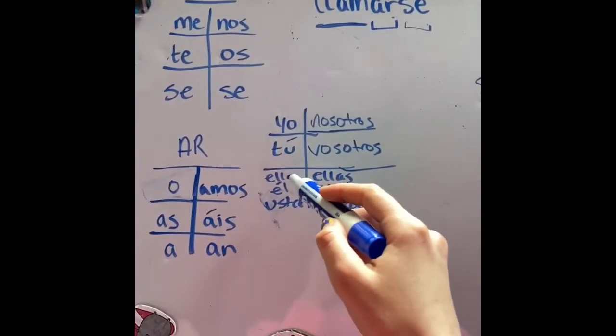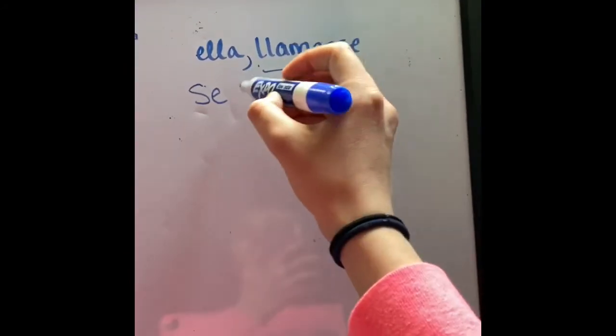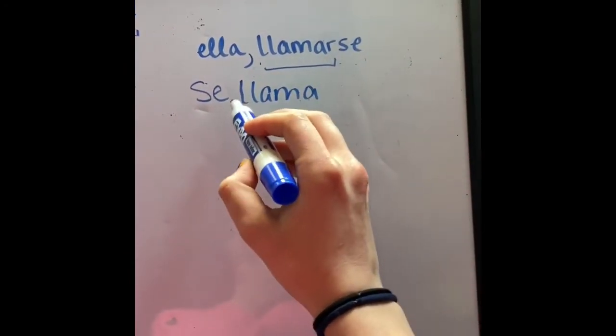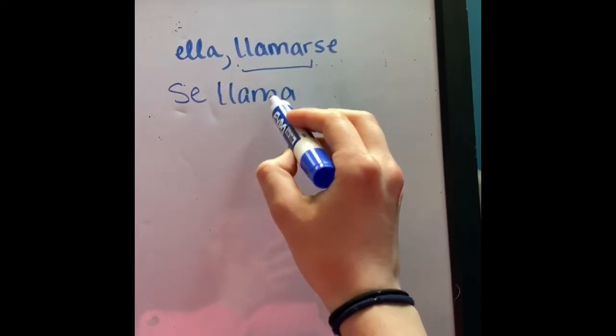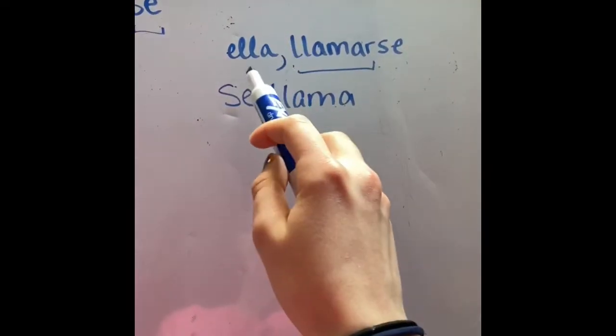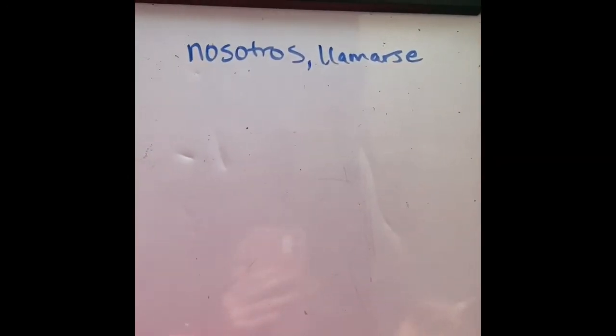You go to ella, and then match that up, so that's an A. So just normal conjugating llama, because the first part of the word stays the same, and the last 2 letters change to adopt that ending. So that's how you conjugate llamarse into ella, se llama, so she calls herself. Feel free to pause and try this.